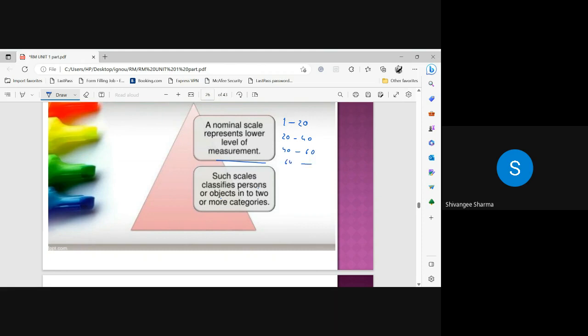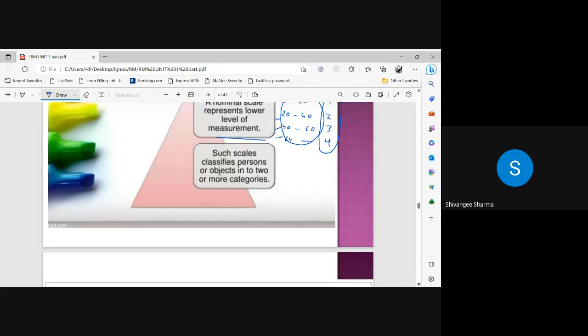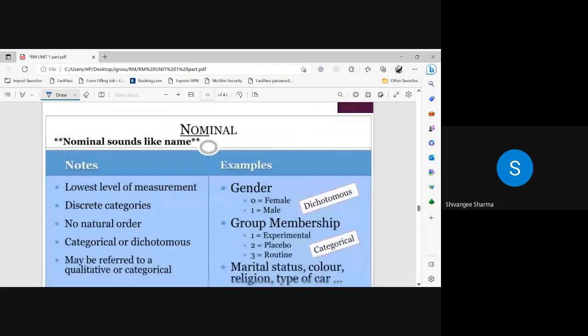And you are classifying these categories of ages and giving them numbers like 1, 2, 3, and 4. So this scale 1, 2, 3, 4 for this classification will be nominal. It is only categorizing and doing nothing, just categorizing your age category.